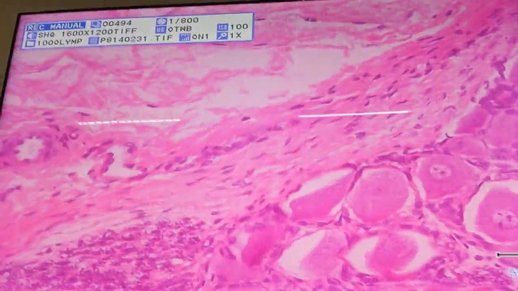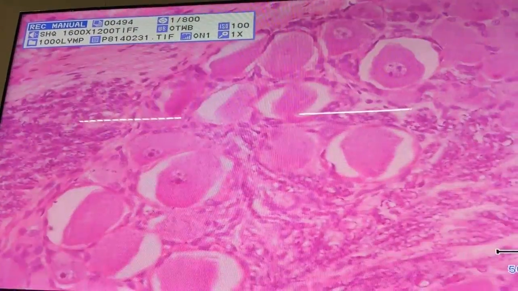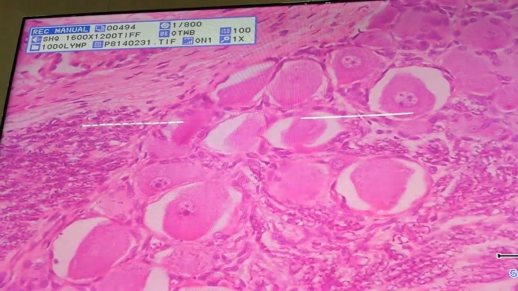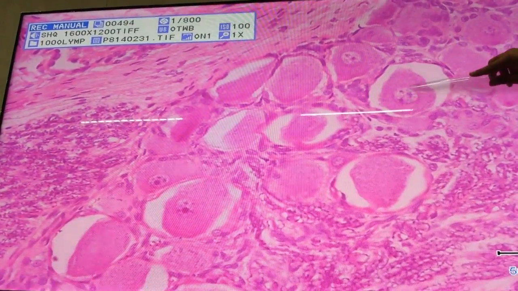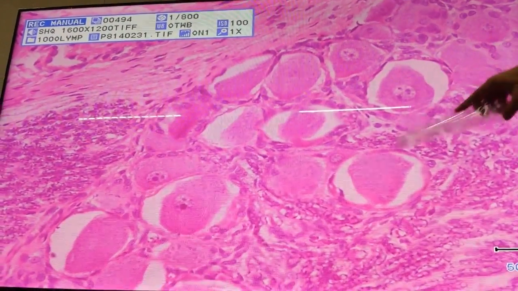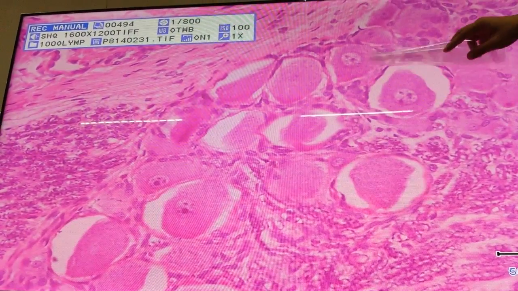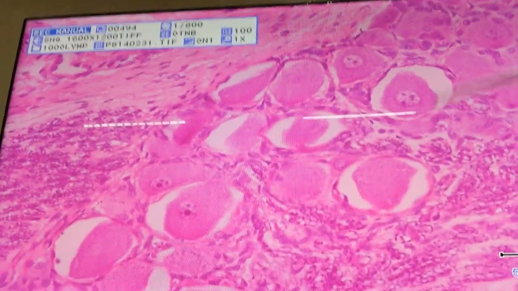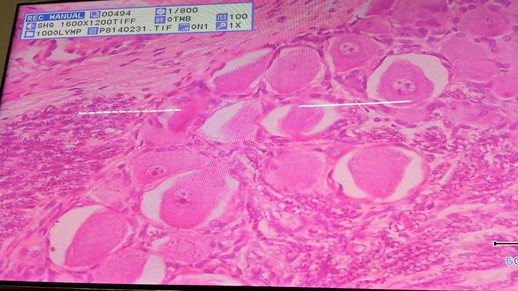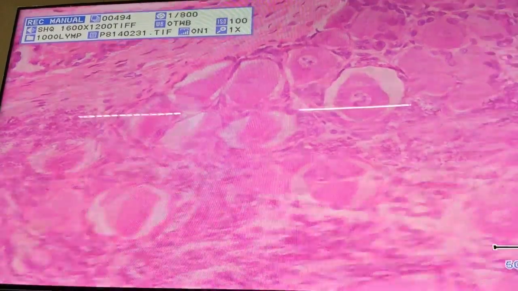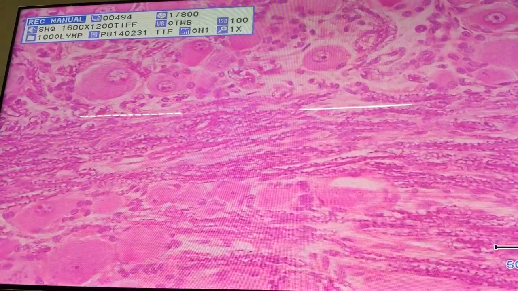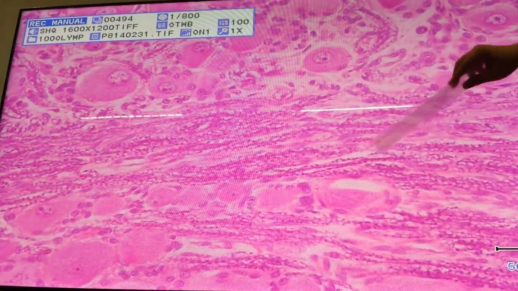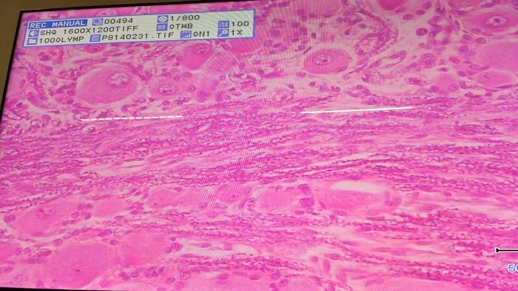Ganglion cells possess a prominent nucleolus, a vesicular nucleus, and the prominence of the nucleoli. And then they are surrounded by small cells called the satellite cells. And notice there are fibers running along with it. So these are the axonal fibers.